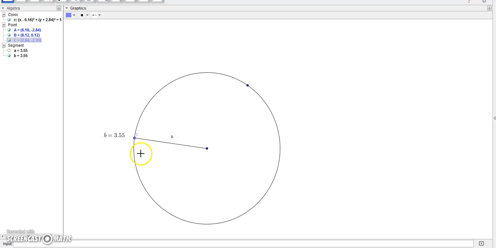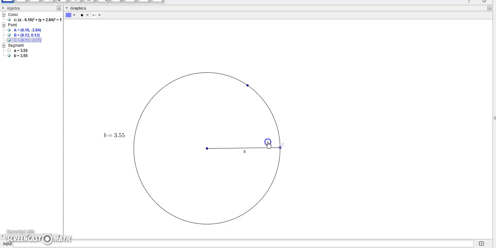And I drew this line segment from the center to the outside of the circle. Actually, I didn't draw it to the outside of the circle; I told GeoGebra, okay, I want my segment to start at this point, and I want it to have a fixed length, length b.